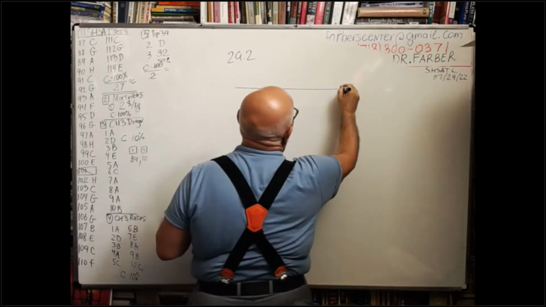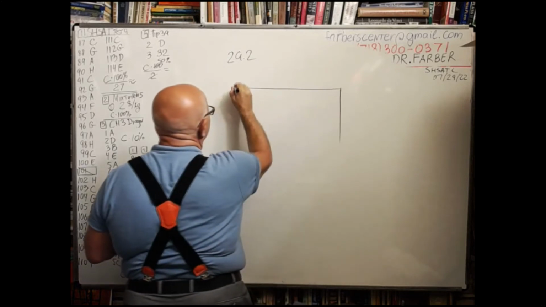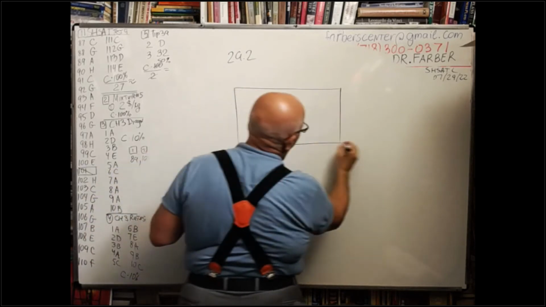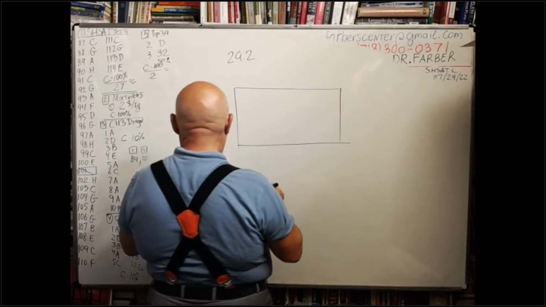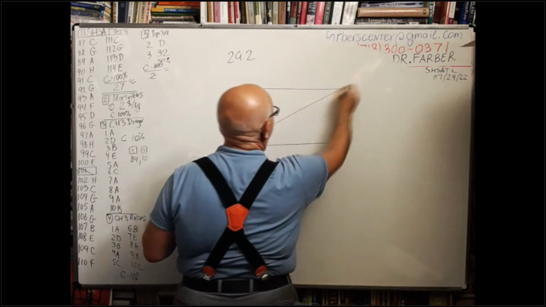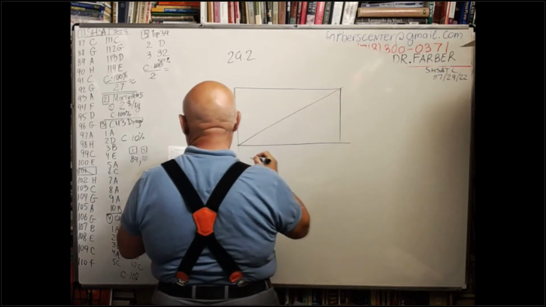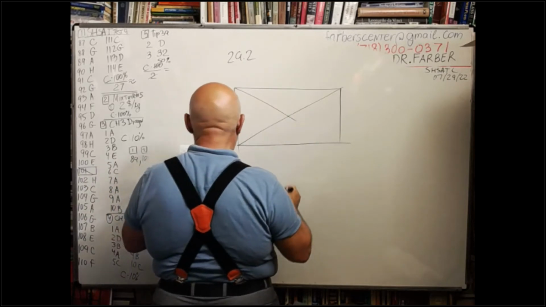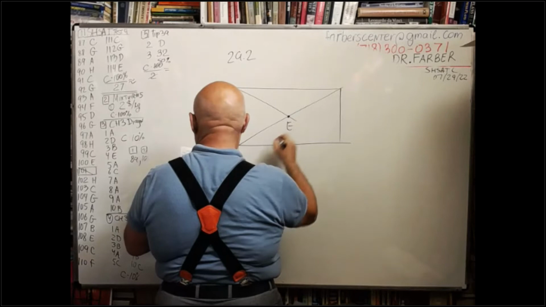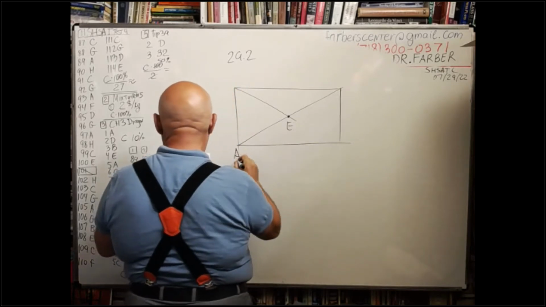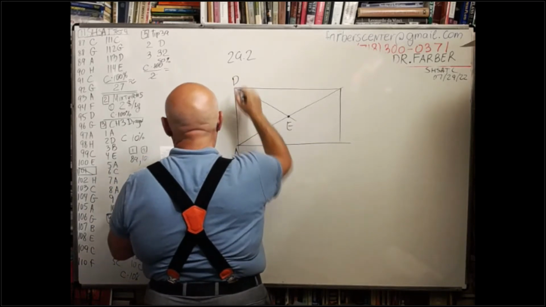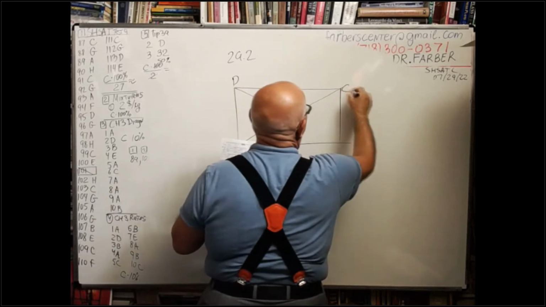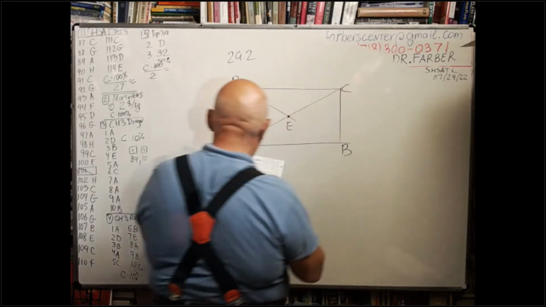Let's make a picture. Let's say you have a rectangle. Kind of a rectangle. I combine these two sides like this, and this is some point E, A, D, C, and B. What is given?